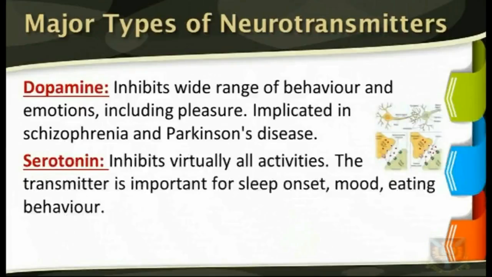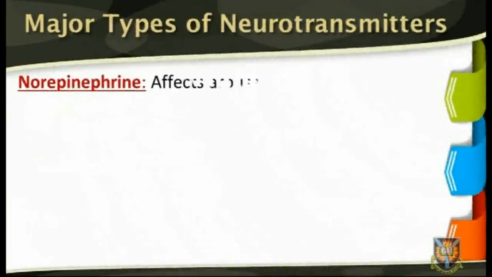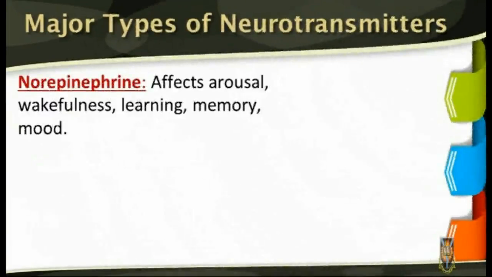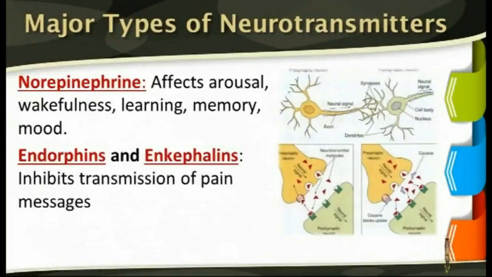Serotonin. Inhibits virtually all activities. The transmitter is important for sleep onset, mood, eating behavior. Norepinephrine, which affects arousal, wakefulness, learning, memory, and mood. Endorphin and enkephalin inhibit transmission of pain messages.